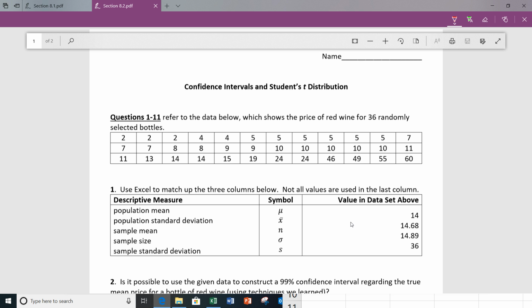Yes, all data into Excel. So not all the values in the last column are exactly right.